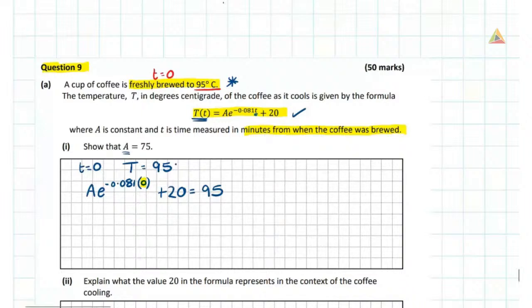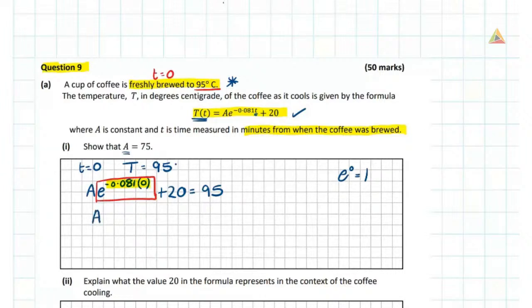So what we've got here is A times e to the power of 0, basically, because anything times 0 is 0, so that will make this whole power 0. And anything to the power of 0, we can check it by putting that into our calculator, is always going to be 1.